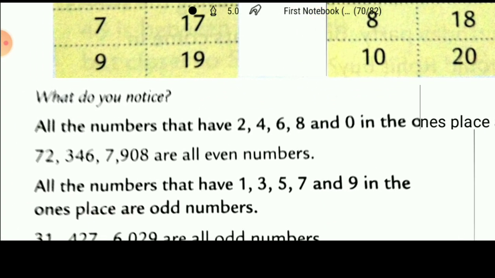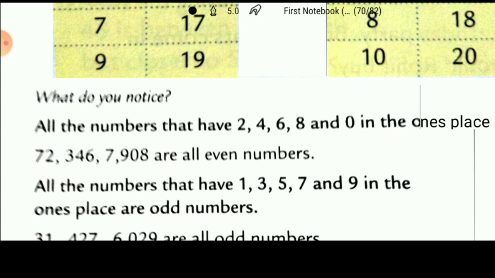So what we have noticed here is that all the numbers that have 2, 4, 6, 8 and 0 in the ones place are even numbers, like 72, 346, 7908.